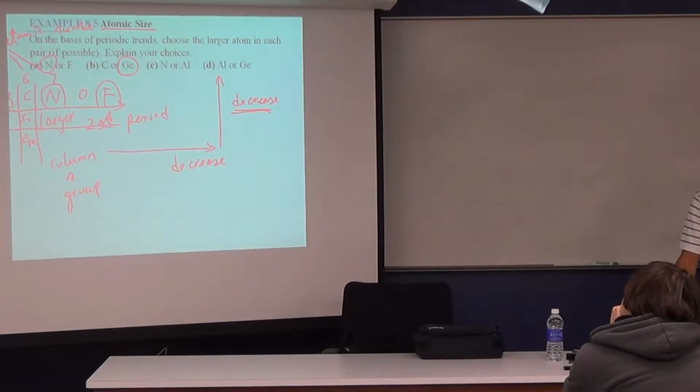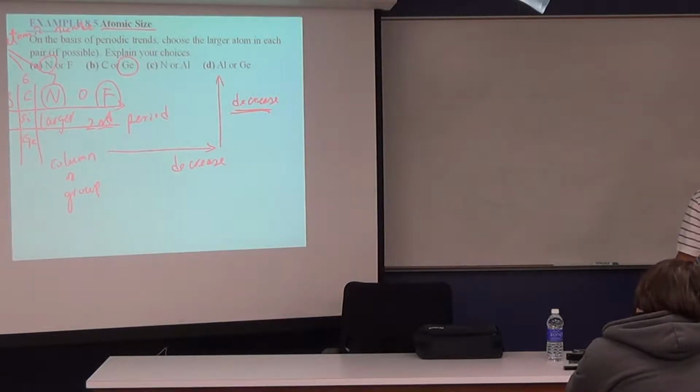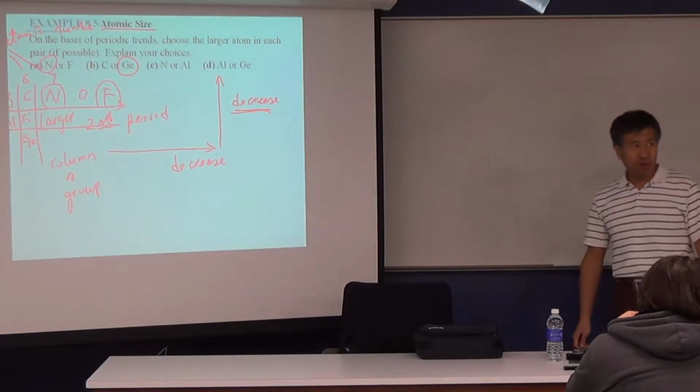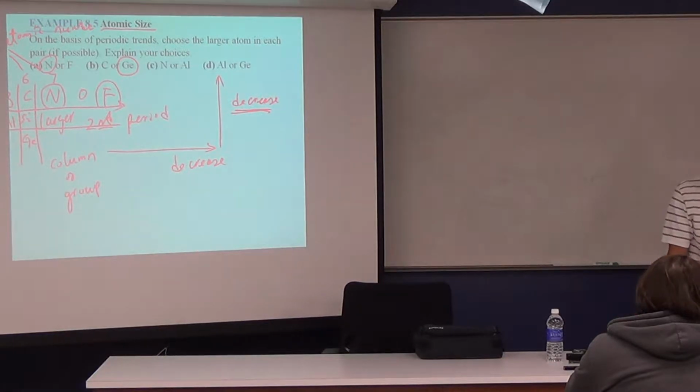The next one is about N and aluminum. Aluminum is in another period, below the boron. Aluminum is right here. You cannot simply use one arrow to go from one atom to the other, unless you use the diagonal.